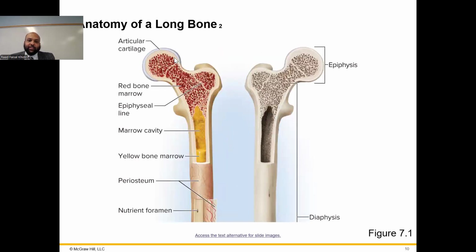So you see that there is a layer of articular cartilage, and that is what enables this ball and socket joint, the hip joint that enables you to move and walk.